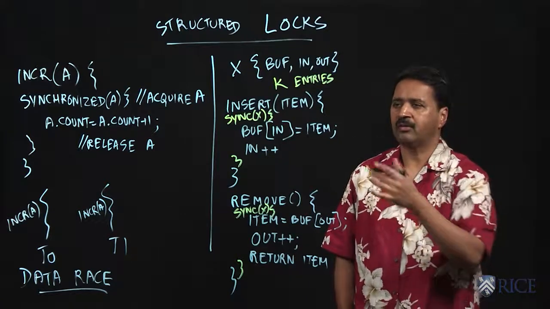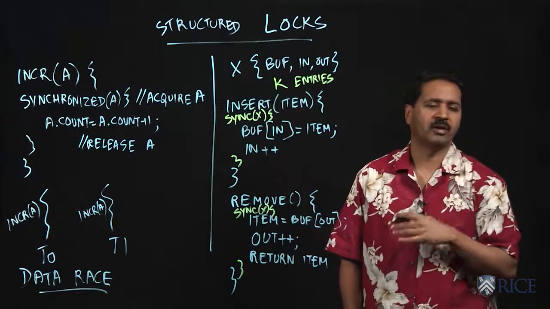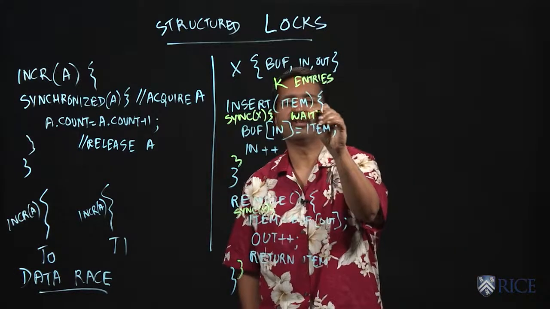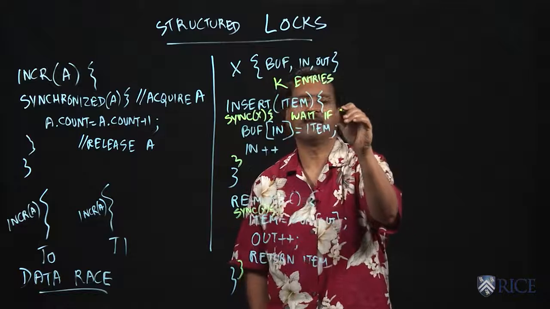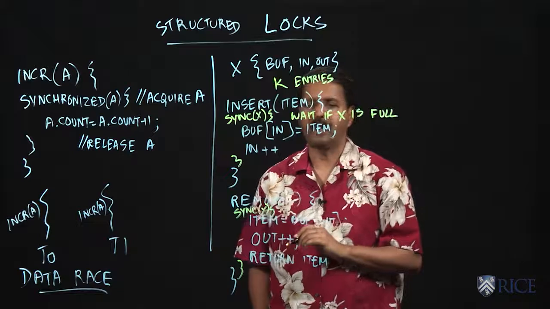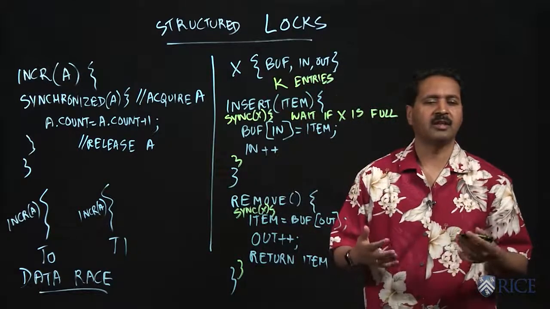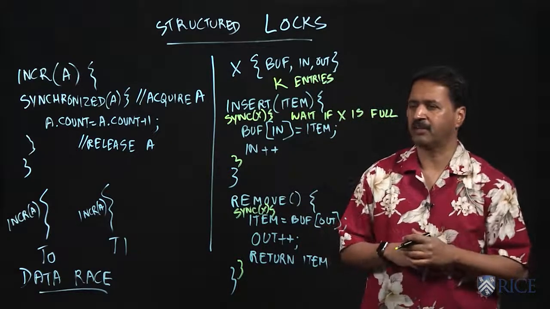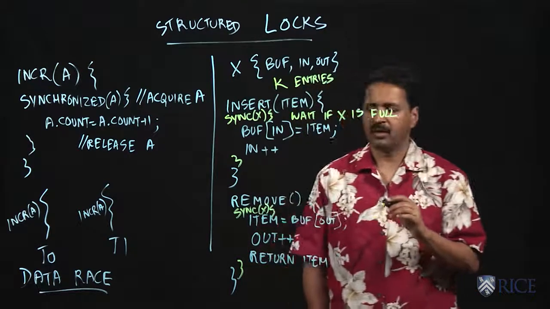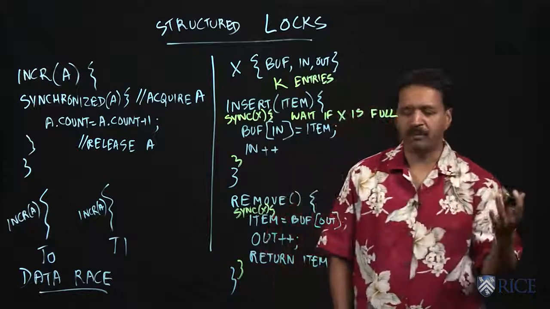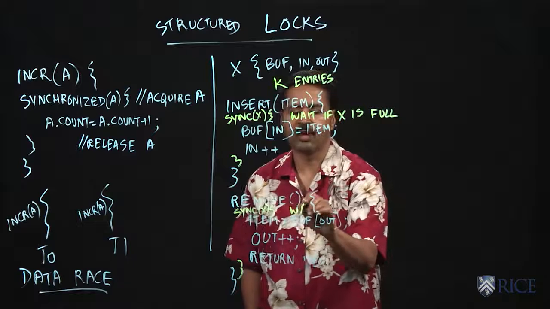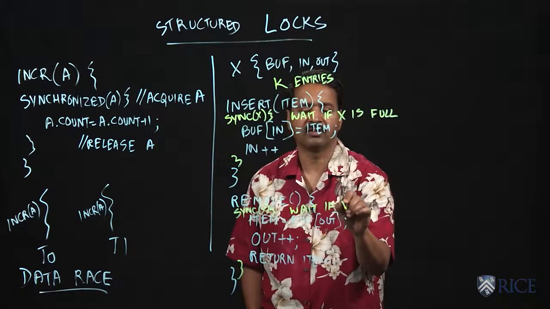We can check every time an insert is performed whether the buffer is full, but we have to do more. We have to do a wait operation, wait if X is full over here, and the reason being that there isn't space to insert the next item. And in the case of remove, there's an issue, and that is, what if the buffer is empty? There's no item to remove. So here we would wait if X is empty.